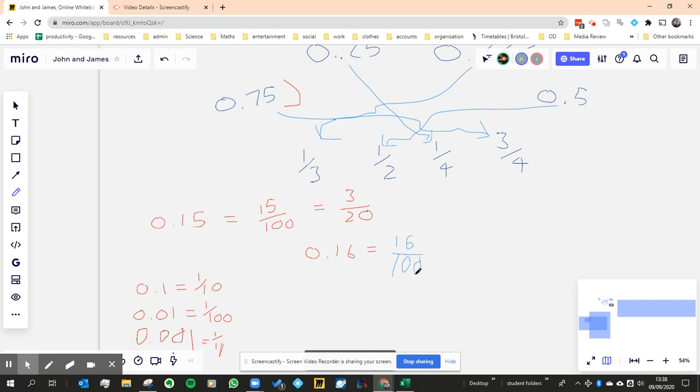And that's not simplified, is it? So what would that be? So what times table are they both in? What can you divide them both by? Divide them both by 2? You can divide them both by 2. Is that the largest number you can divide them by?